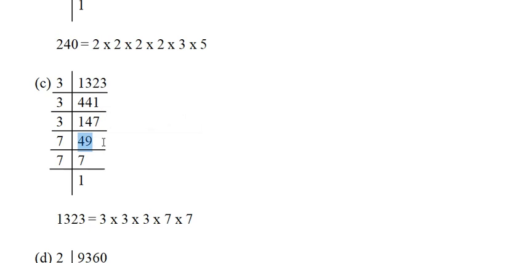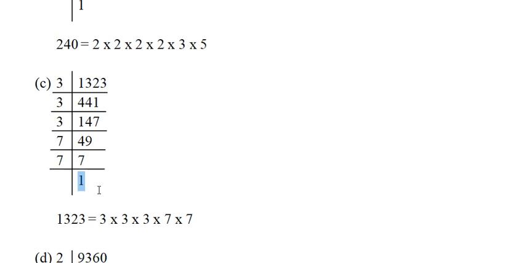Once we reach this stage, we know that 7 can divide this 49. When 49 is divided by 7, you get the answer 7. Now 7 times 1 is 7. So you get the answer 1 at the end, which means you have to stop here. You have completed this particular section.